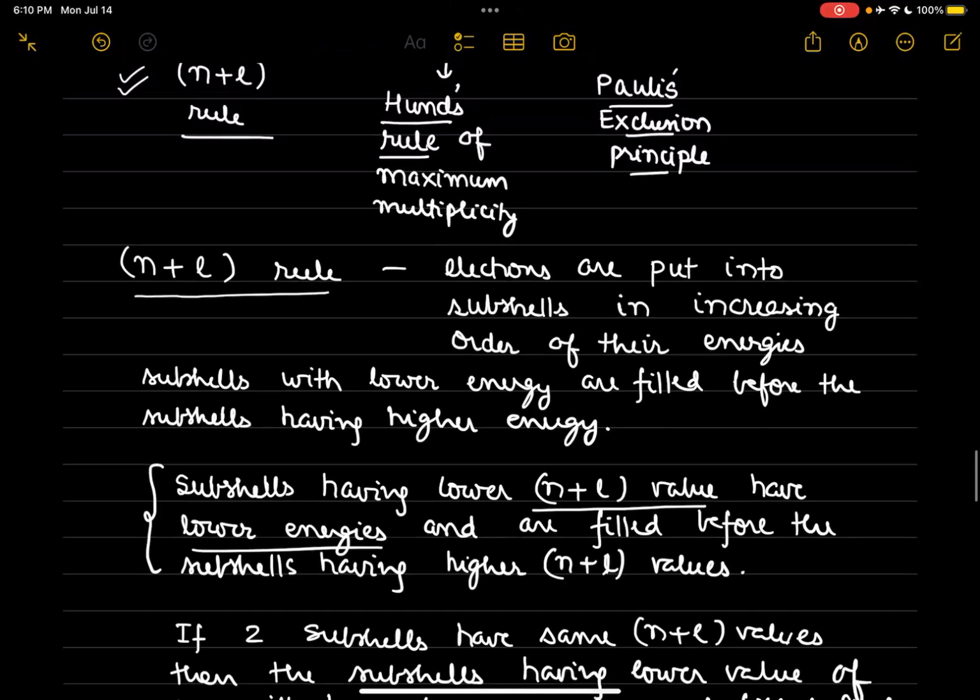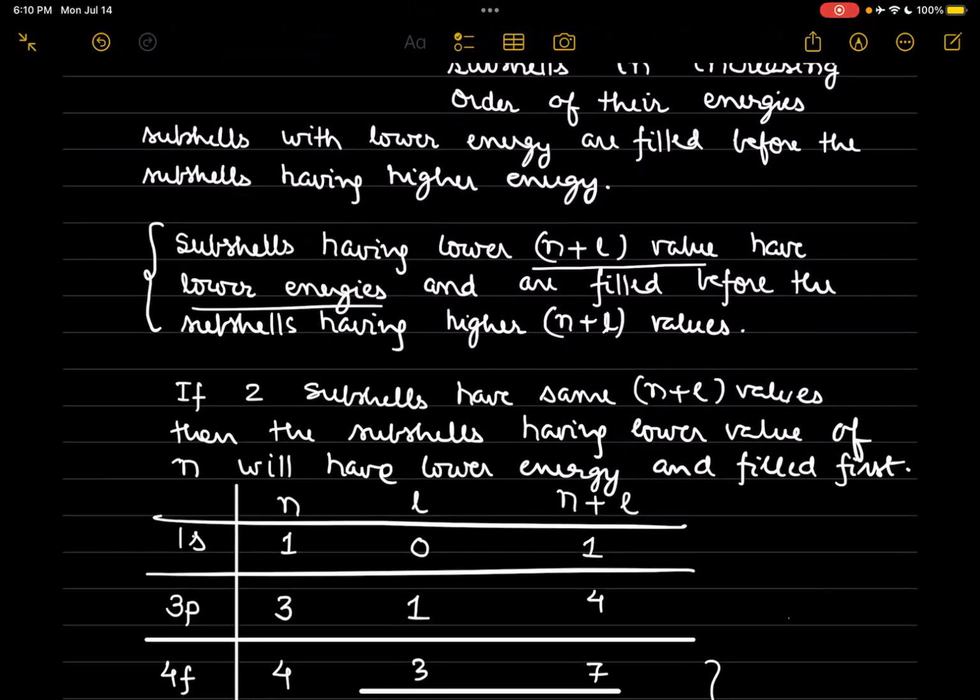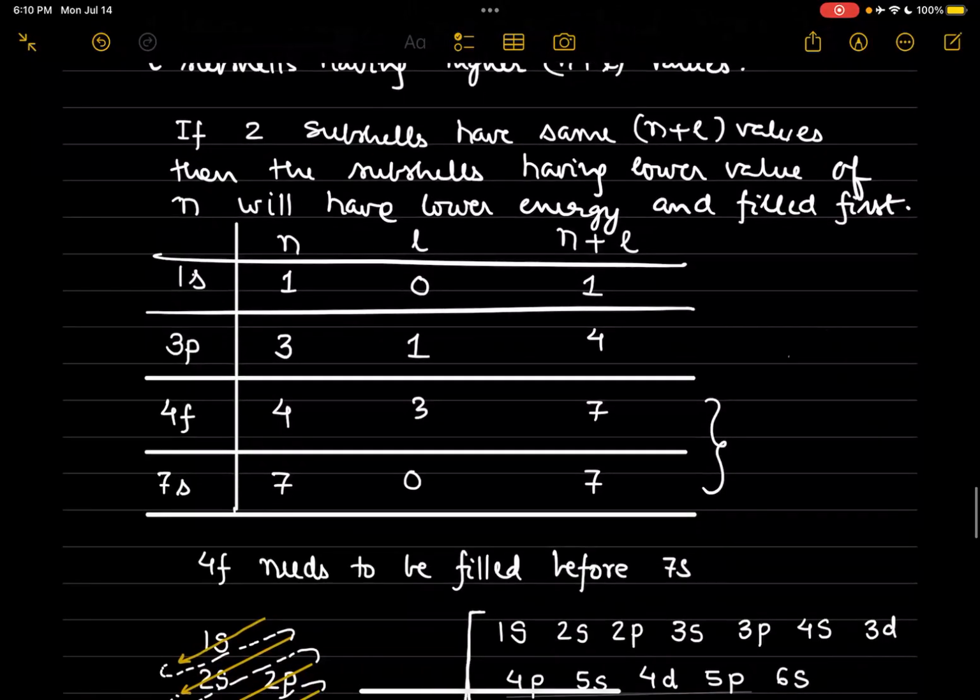If two subshells have the same N plus L, then the subshell having lower value of N will be considered to be of lower energy, and that will be filled first.